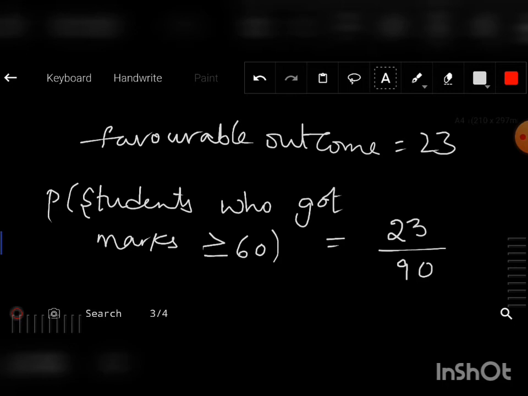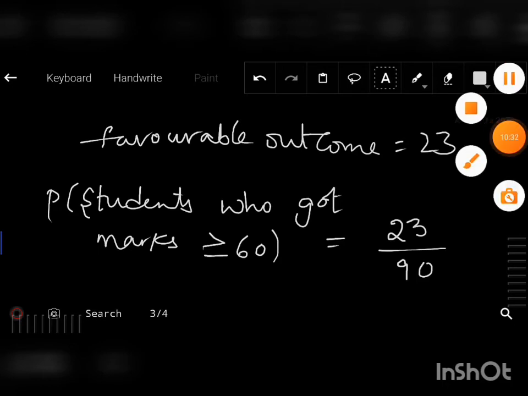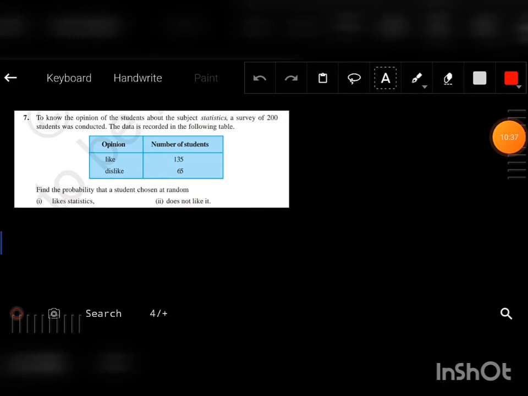Now let us see the seventh problem. To know the opinion of the students about the subject statistics, a survey of 200 students was conducted. The data is recorded as follows in the table.